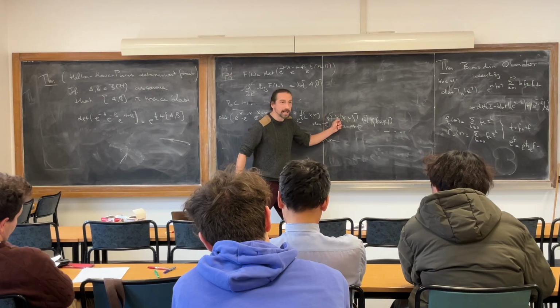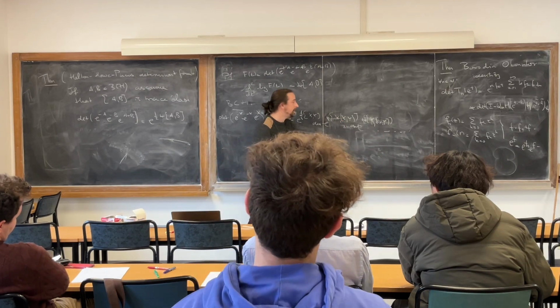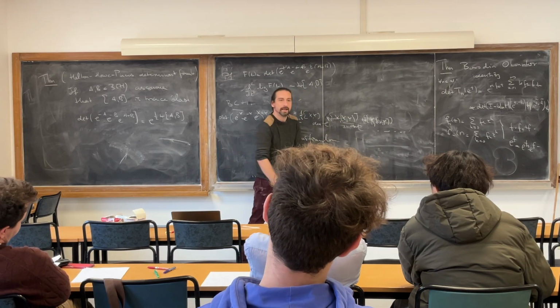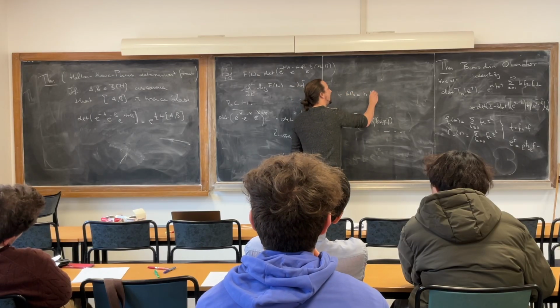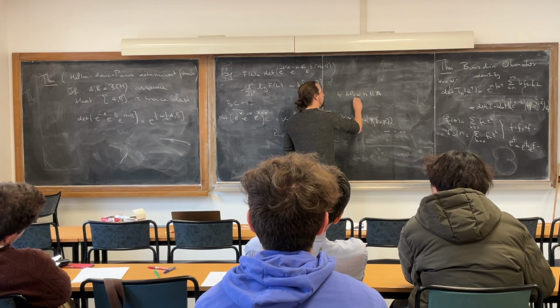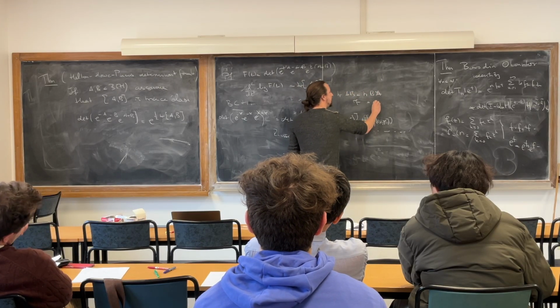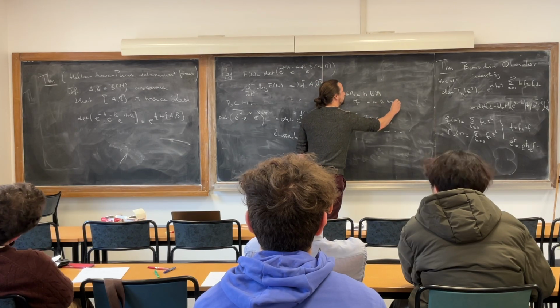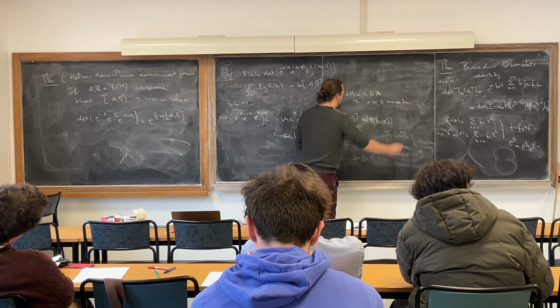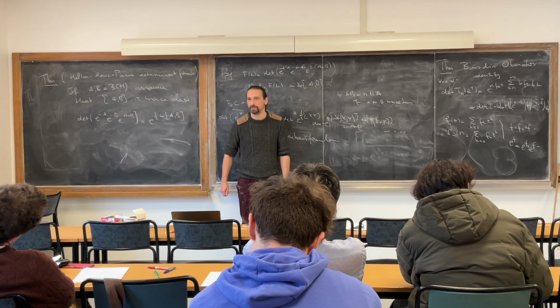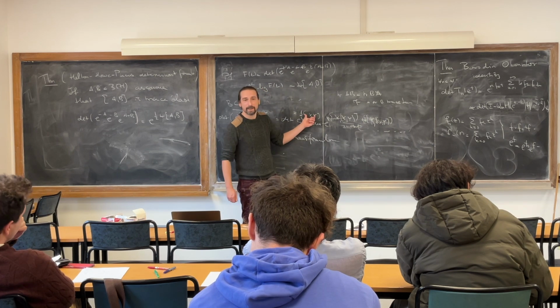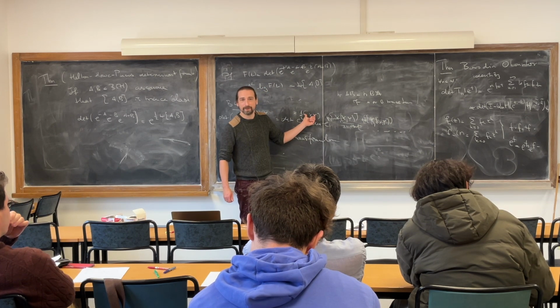And I can use the cyclicity of the trace, because the trace of AB equals the trace of BA if A or B is trace class. So these nested commutators don't contribute. They all give trace 0. But here you cannot use it. Here it might be something.